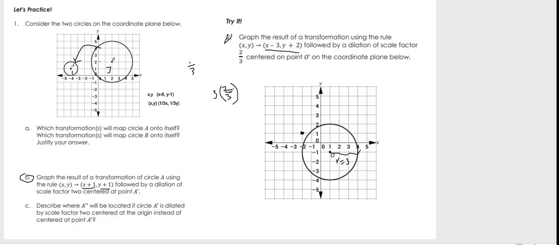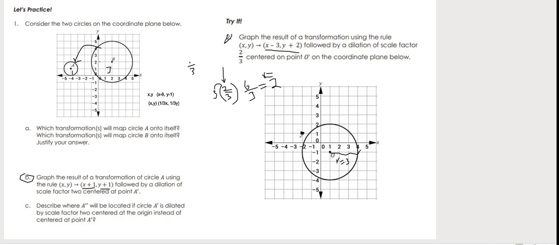Because 2 is on the top, this radius will get smaller. It's 2/3 of the size. So I multiply 3 times 2, which is 6, and then divide it by 3, and 6 divided by 3 is 2. So the radius for my new circle is equal to 2.